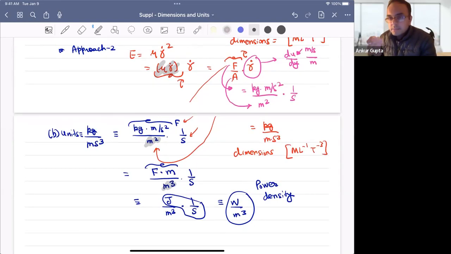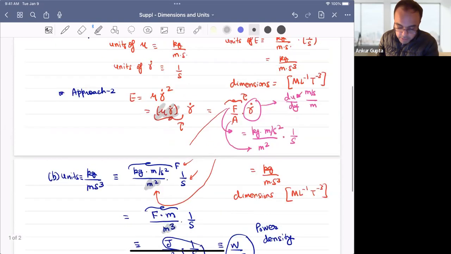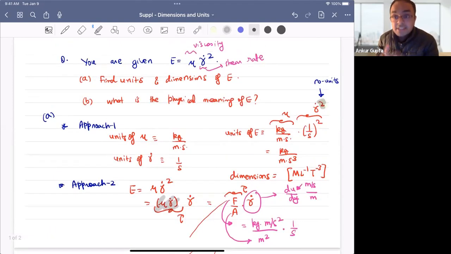So essentially, this is power density, or the rate of change of energy per unit volume. Changing rate means per unit time, right? So rate of change of energy, which is power, per unit volume. So it's power density. And this value that you are seeing here, mu gamma dot square, is actually known as the viscous dissipation. This is the energy you lose per unit time, per unit volume. So power per unit volume.